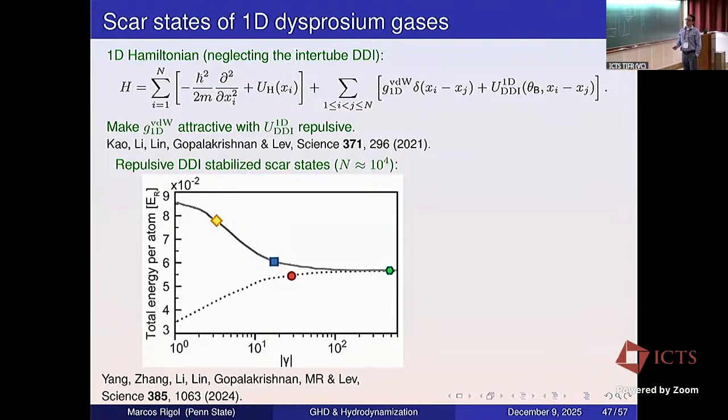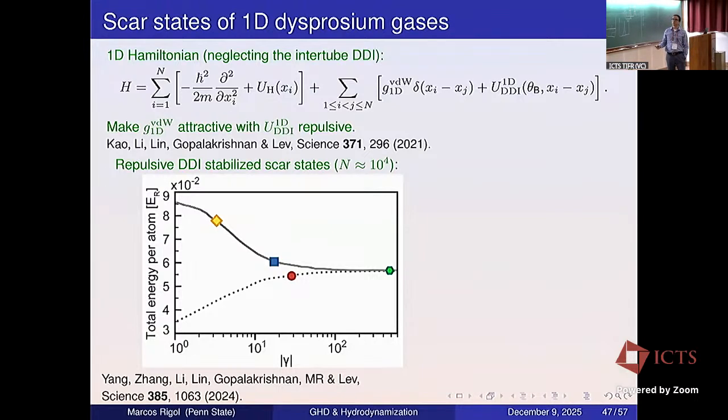This is showing the energy as a function of this parameter gamma, right? This is what I was showing you before, this regime in which the interactions are repulsive, but they can cross this and go to attractive interactions. I'm going to show you results obtained at these different points. So this is repulsive, this is very large but negative attractive interaction.